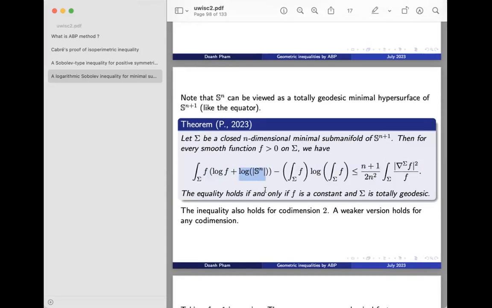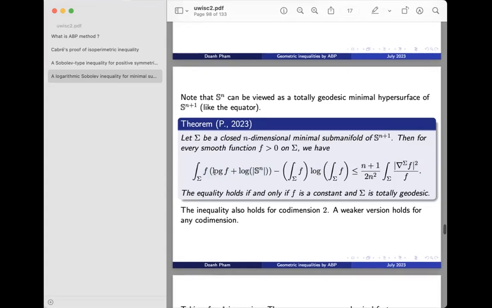It is a weaker constant. And so it means that in a weaker version, we can establish this inequality. However, the inequality is strict. So the left-hand side is strictly less than the right-hand side. Again, the constant log Sn here is replaced by a weaker constant.